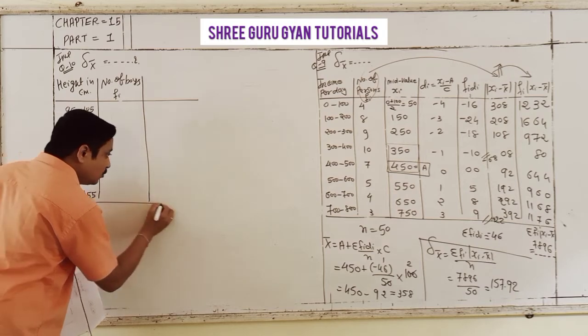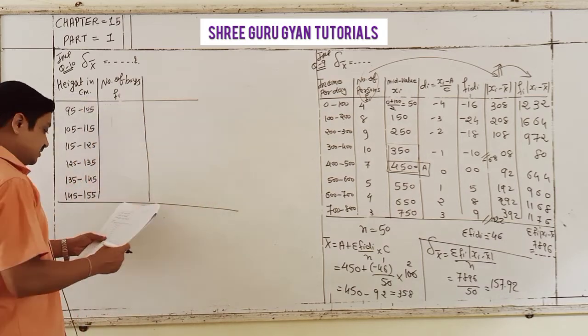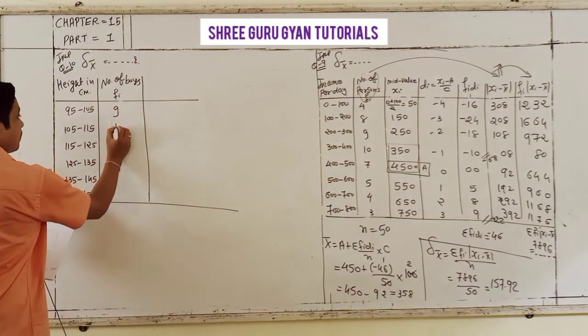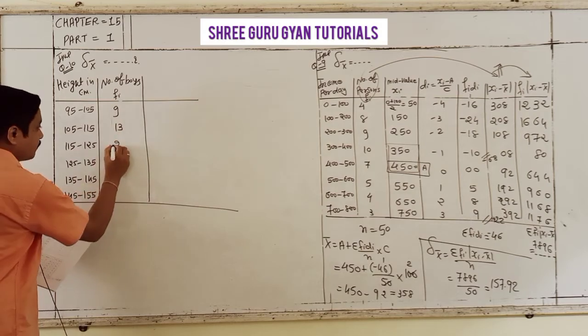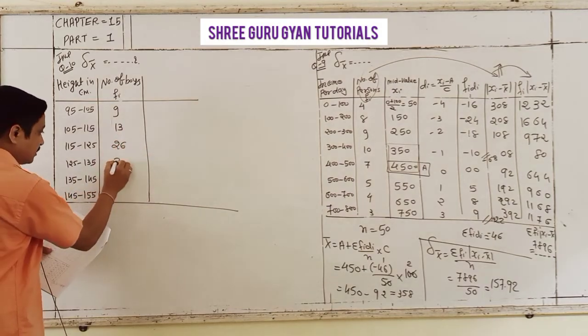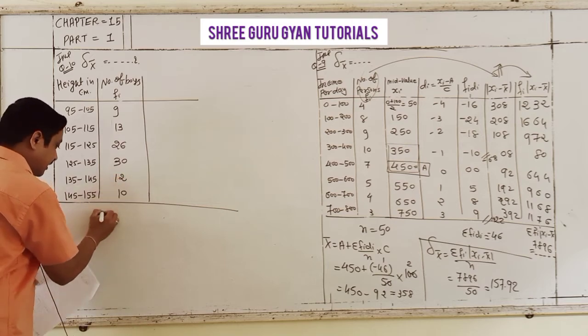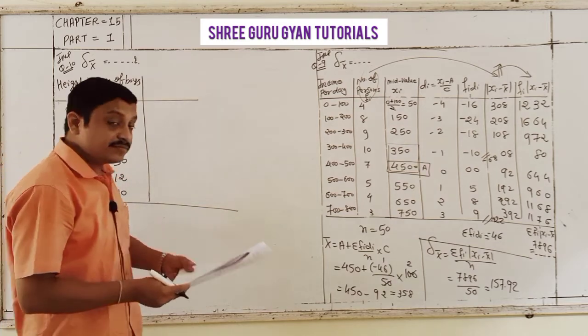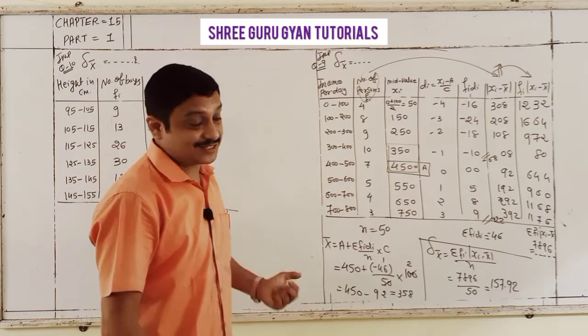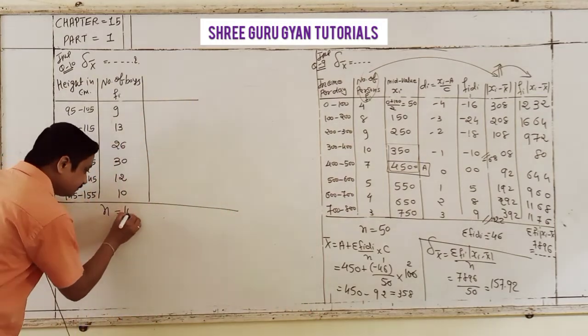The frequencies are 9, 13, 26, 30, 12 and 10, and adding them, the total number of observations is 100.